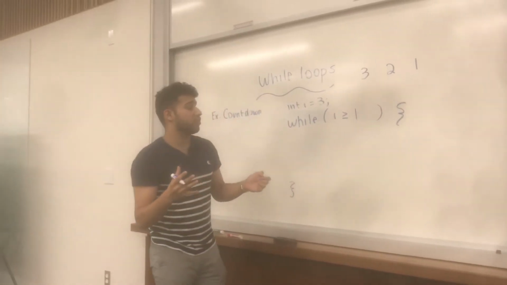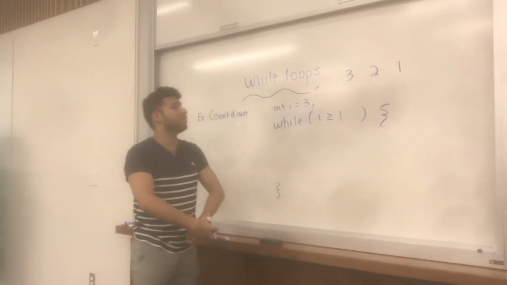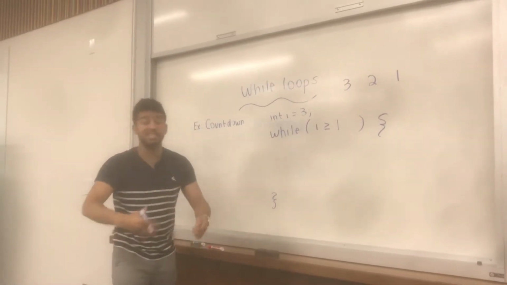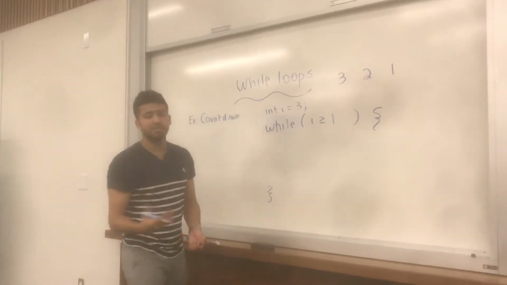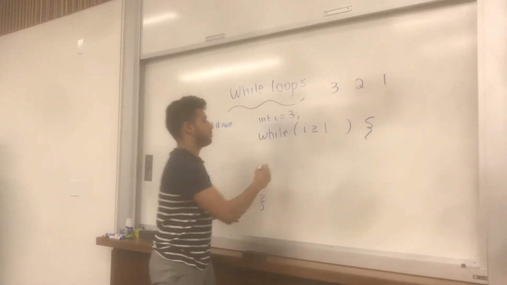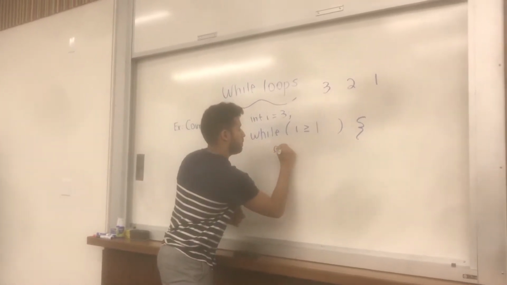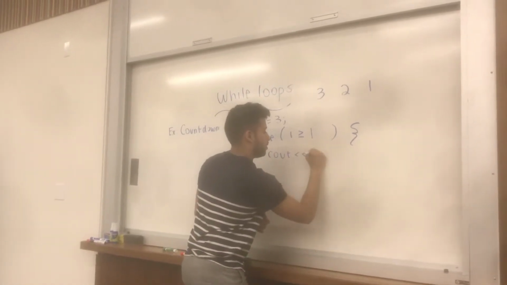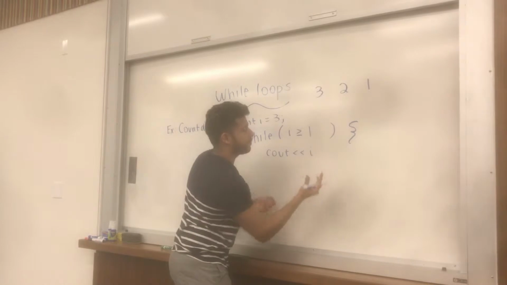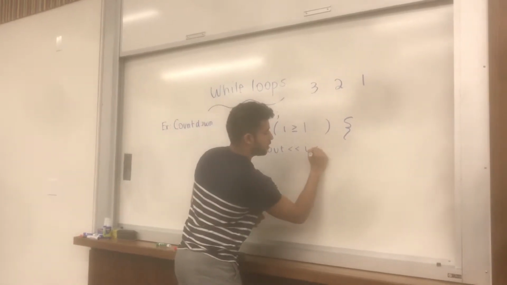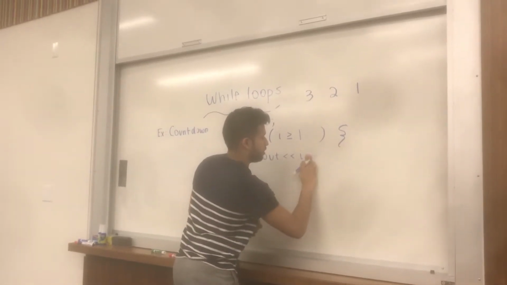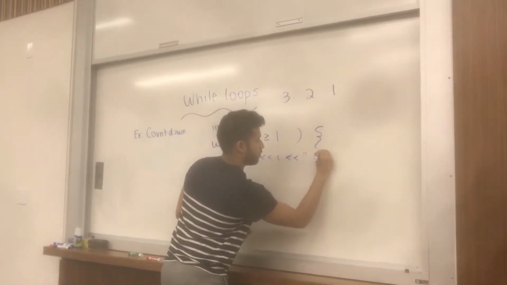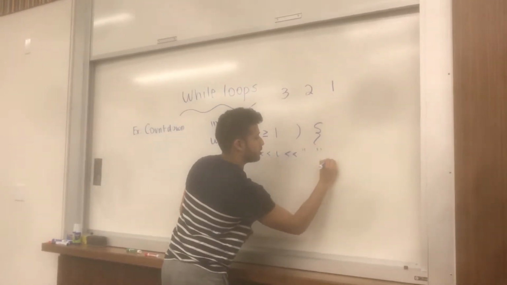Now that we've figured out the condition, the next thing that we need to do is actually cout what i is, because we need to cout a countdown. That's pretty simple. We can just use a cout statement. That is cout i, and we can leave a space, and then a semicolon.